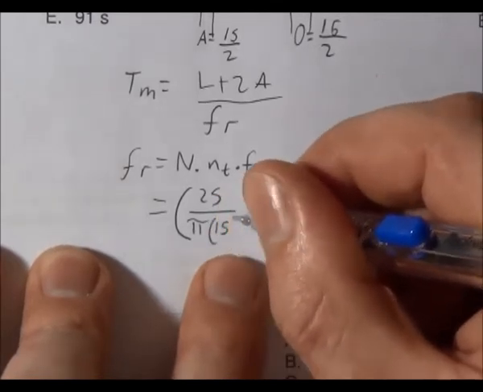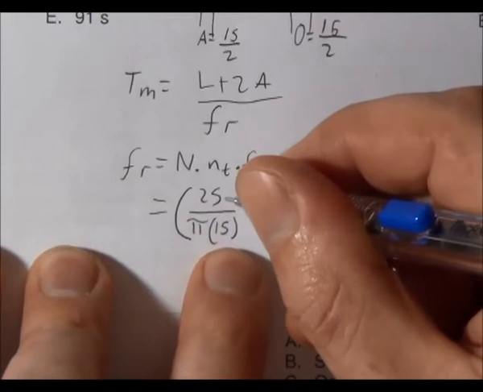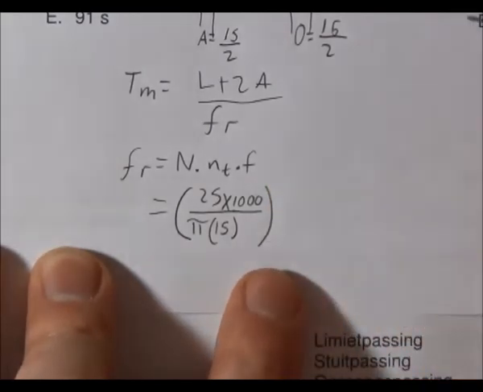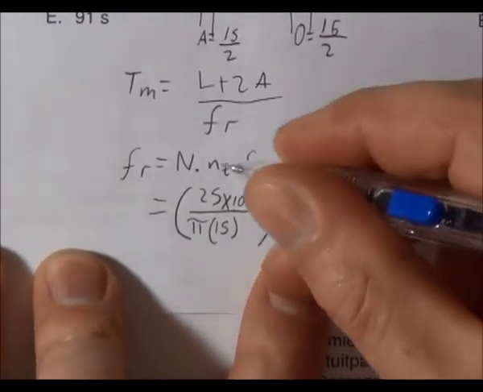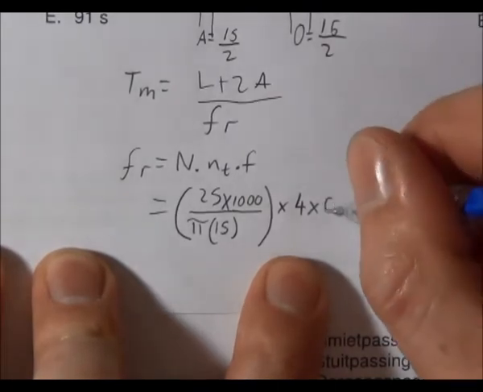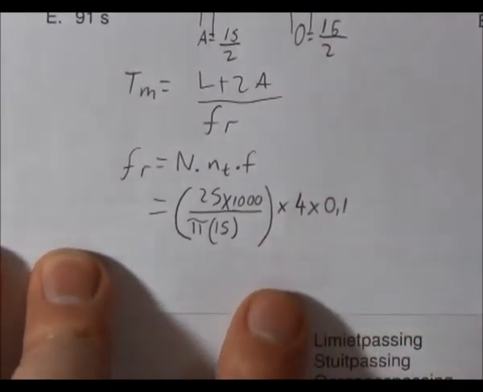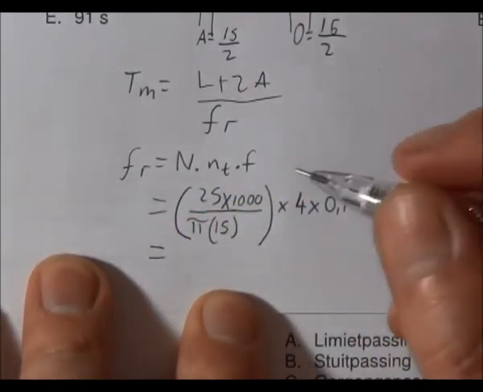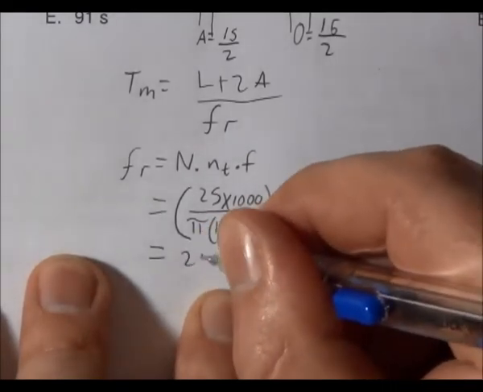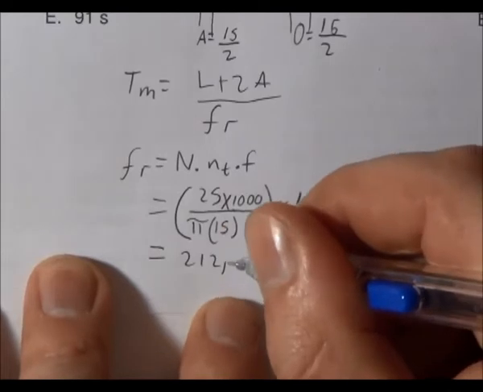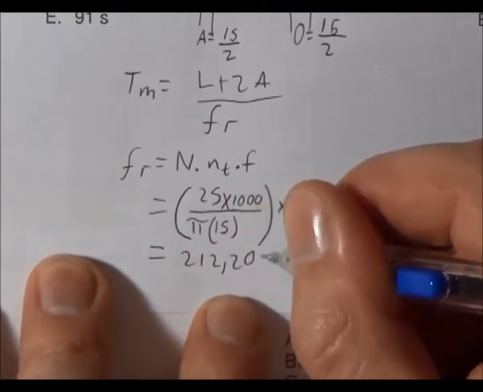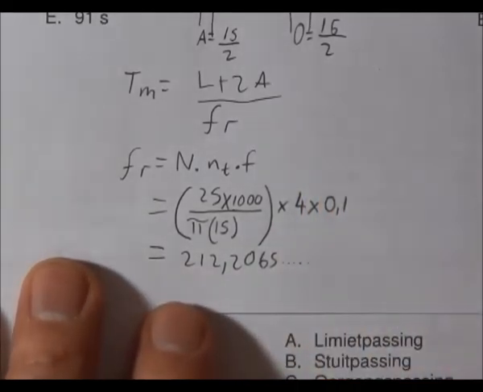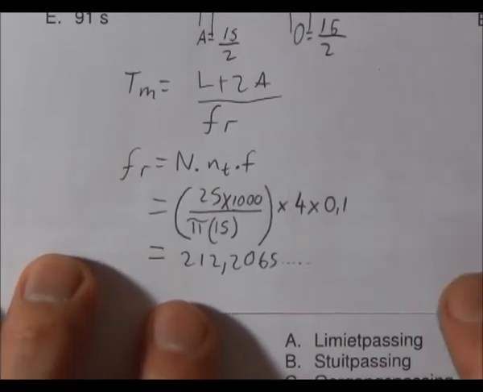At the bottom the cutter diameter is given in millimeters, so at the top I must multiply by 1000 to get it to millimeters as well, times 4, this is my number of teeth, times the chip load 0.1, which was given in the question, which gives me a feed rate of 212.2 millimeters per minute.